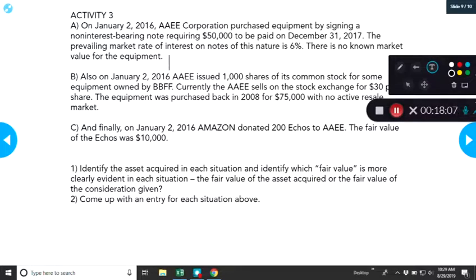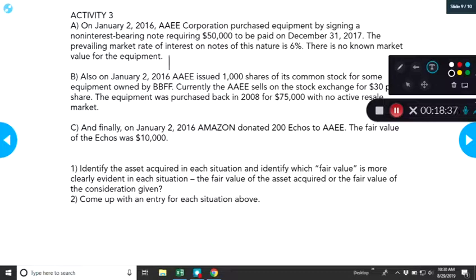In this situation, there's no known market value for the equipment, so immediately you say the fair value of the note is more clearly evident. I know the rate, and I know what has to be paid out 2 years from now. I can take the present value, and that gives you the fair value of the note today. The present value and the fair value are going to be the same.